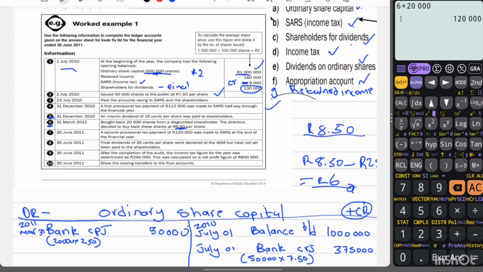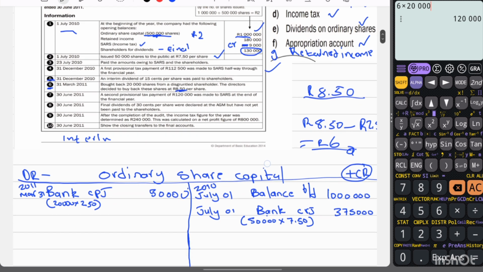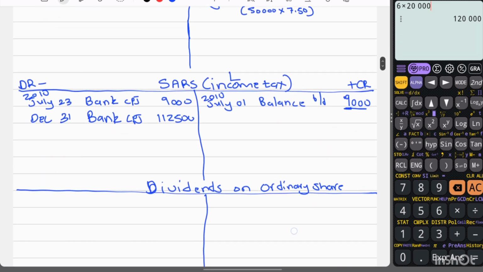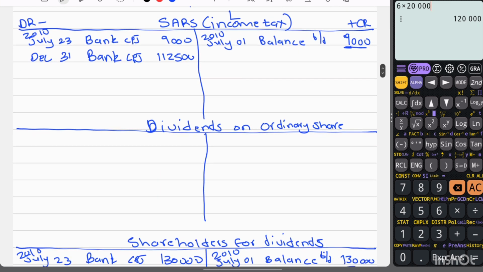Remember guys, when we are talking about an interim dividend, it is declared and paid. Therefore, bank is affected. Let's go to our dividends on ordinary share account. This is our credit side, this is our debit side.